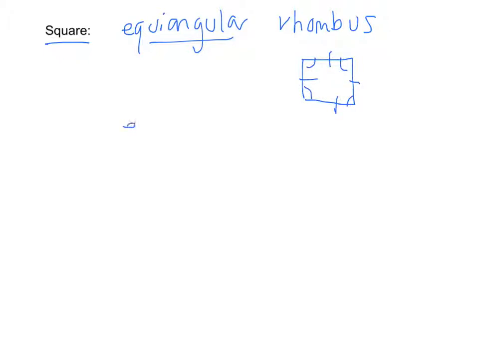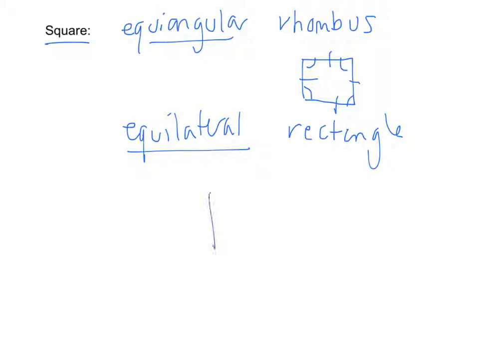Or we could say it's an equilateral rectangle. We know that a rectangle has all right angles, but we don't necessarily know that it's equilateral, but if it is, then it's a square. So again, we know that it has all right angles, and then if we limit the sides to being congruent, then it's a square.